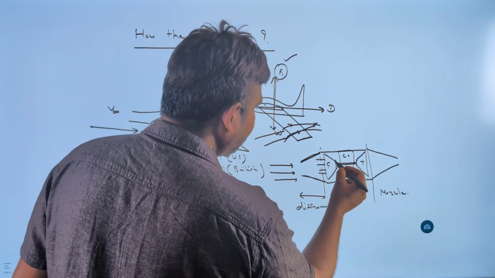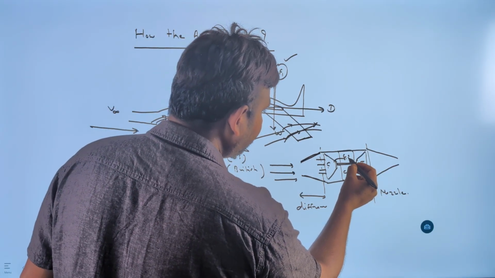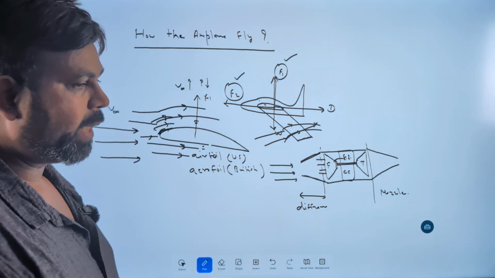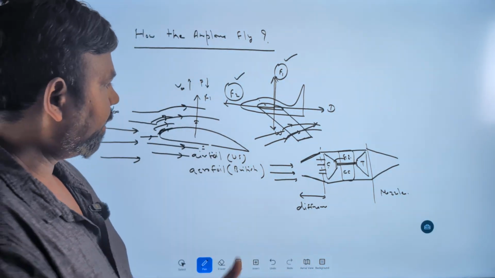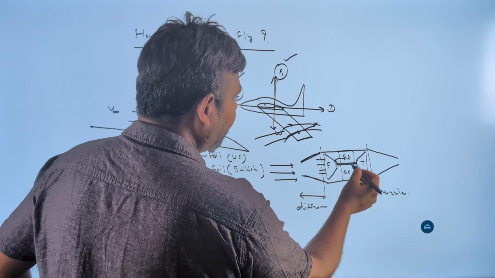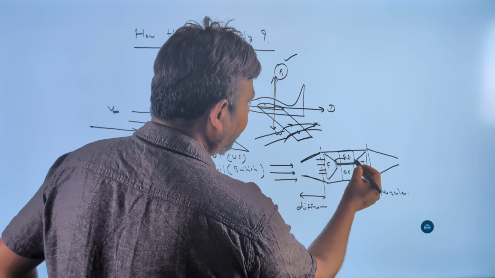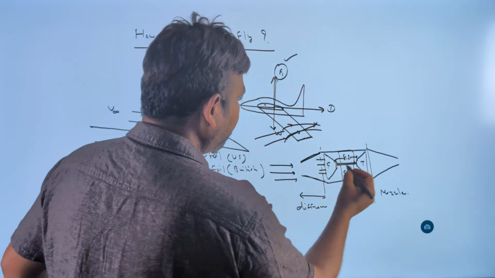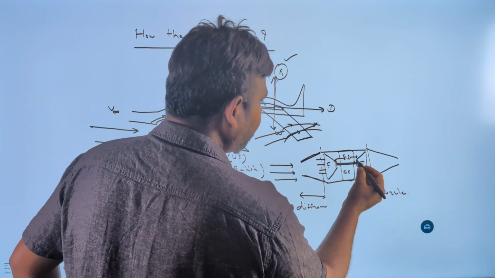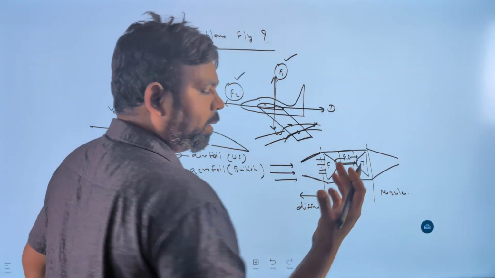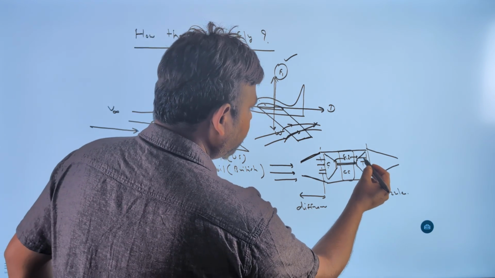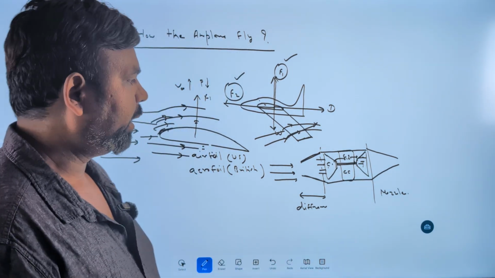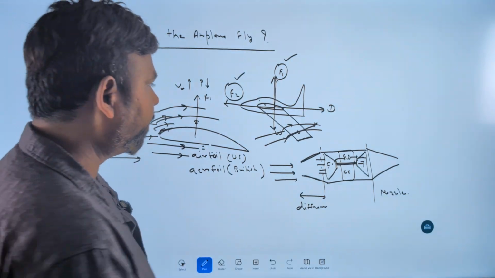Then we send this high pressure air into the combustion chamber where the fuel is sprayed on that high density air, and we burn it, and finally we get high pressure and temperature gas. We expand some part of the gas in the turbine so that it can rotate the compressor and we can use it as auxiliary power in our aircraft.